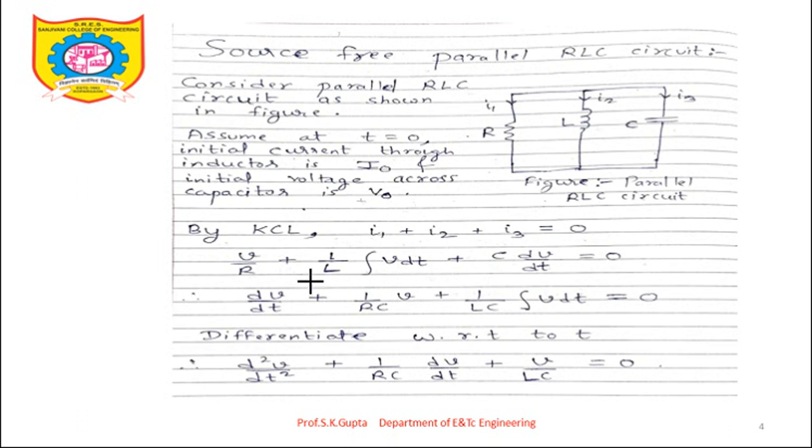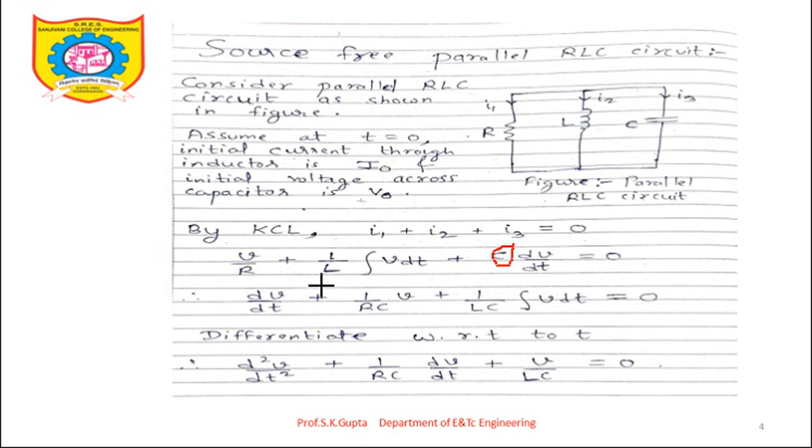Next, same way, I will remove this C, that means I will divide by C. This becomes dV by dt plus V by RC plus 1 by LC integration V dt equal to 0.